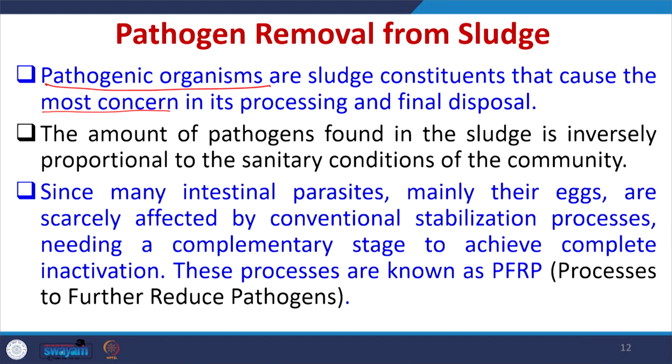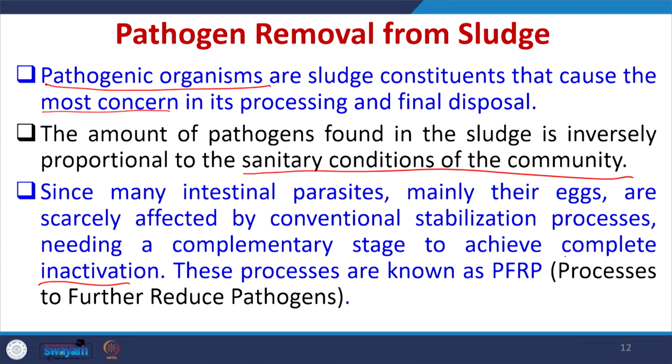So, these organisms, if they are available in the sludge, will be very difficult to handle and we have to remove these pathogens. The amount of pathogens found in the sludge is inversely proportional to the sanitary conditions of the community. So, from where the sludge is getting generated, if it is municipal sludge, what is the sanitary condition of the community where the wastewater is getting generated and going to the wastewater treatment plant.